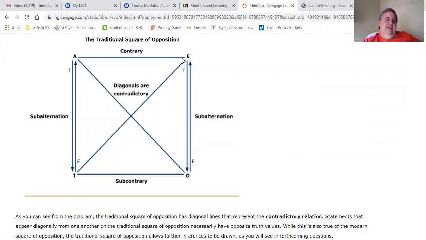or categories of things. So if I say all mammals are animals that give birth via live birth, and then I say no mammals are creatures that give birth live, or all birds are animals that lay eggs versus no birds are animals that lay eggs, those are talking about contraries.